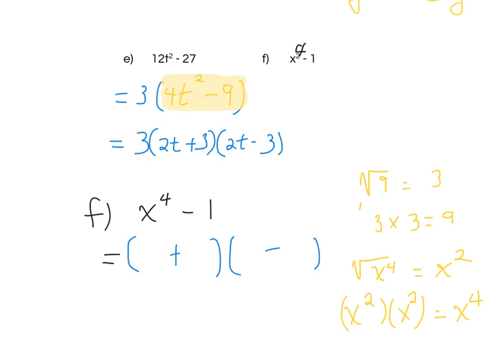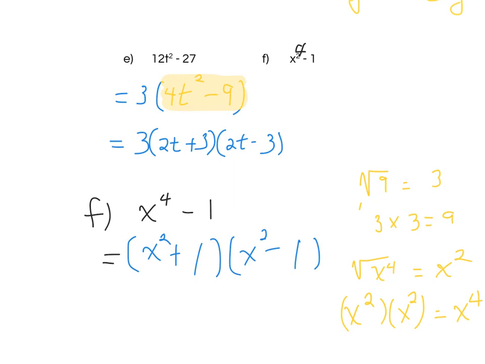So I'm going to say, well, what is the square root of x to the power of 4? Well, we just determined that that was x squared, so I'm going to put x squared in each bracket. What is the square root of 1? The square root of 1 is 1. So I'm going to put 1 of those in each bracket. Now, the thing is that I'm not actually done.